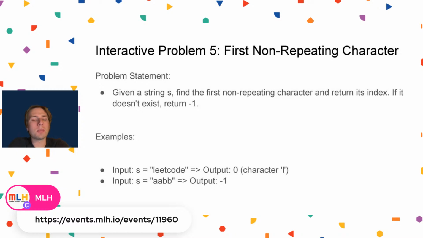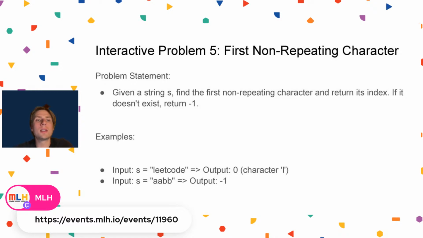We have an example where the string S is equal to LeetCode. Remember, LeetCode is one of these websites where you can find a lot of these types of problems. And the output would be 0, because the first non-repeating character in the string is L, and L is at position 0 of the string.